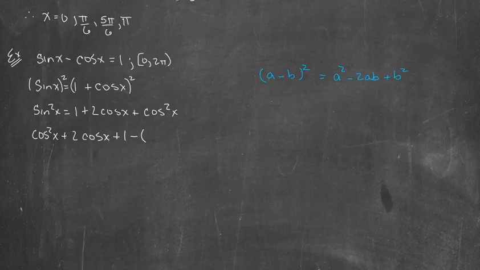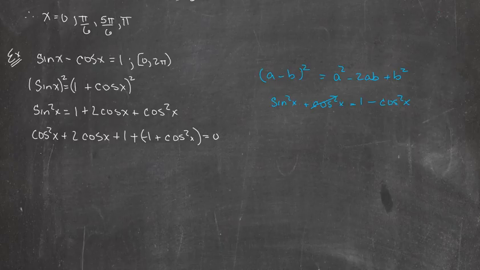I want to use the Pythagorean identity, sine squared of x plus cos squared of x equals 1, and I'm going to convert sine into coses, so I'm going to subtract cos squared of x. And when I do that, I get minus 1 minus cos squared of x equals 0, and now combine everything.